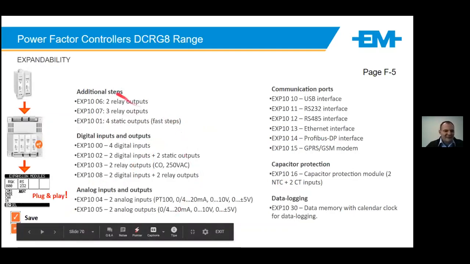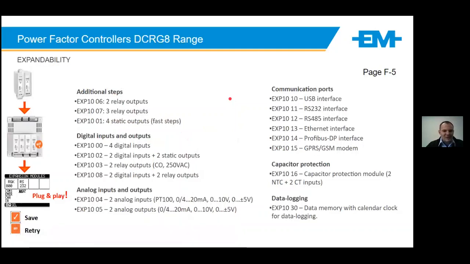So very flexible. If you have a scenario of on a specific input, say disable the system or change the set point. So we've done that a few times on a specific condition. I don't want to be at 0.98, change my set point to 0.85. That can be done.